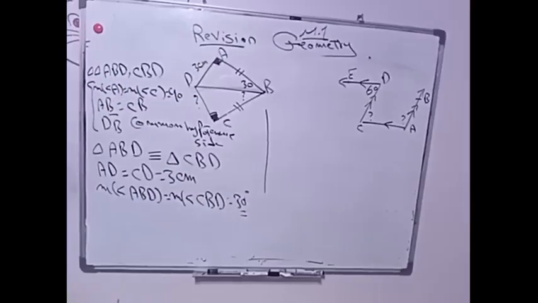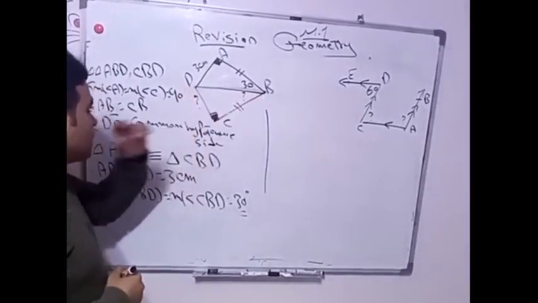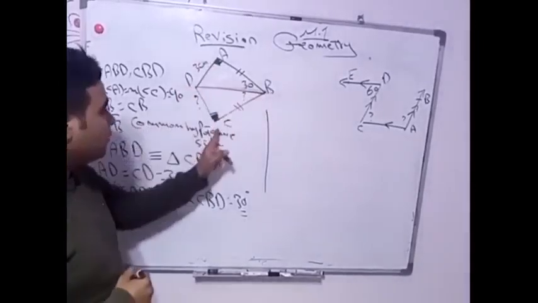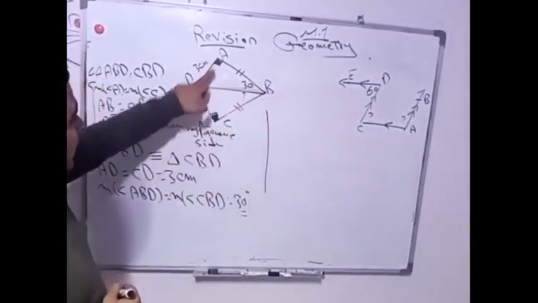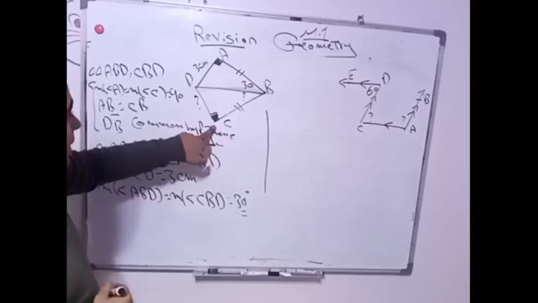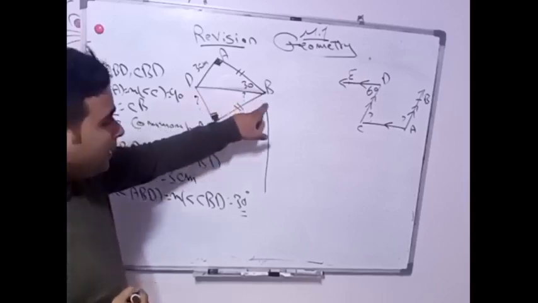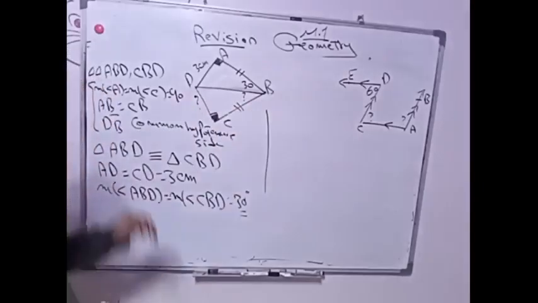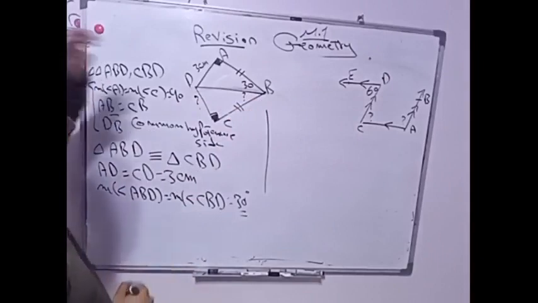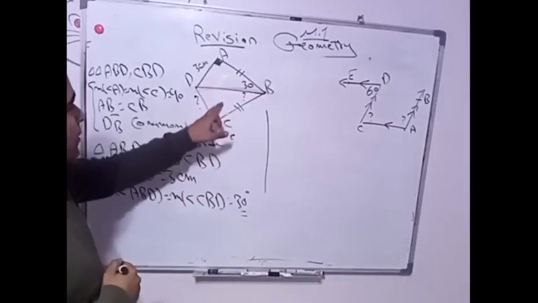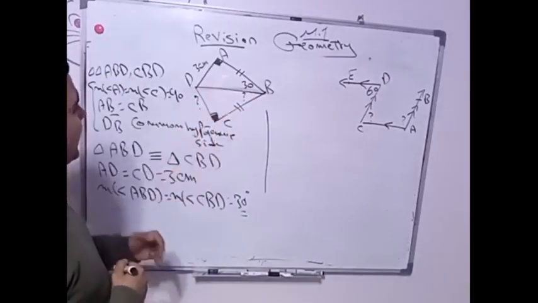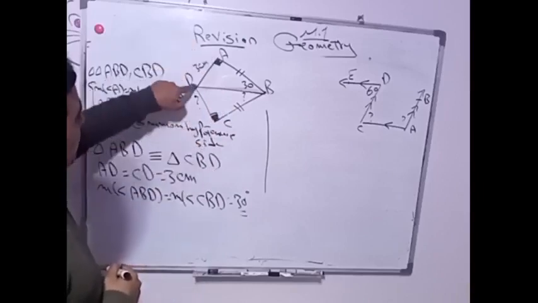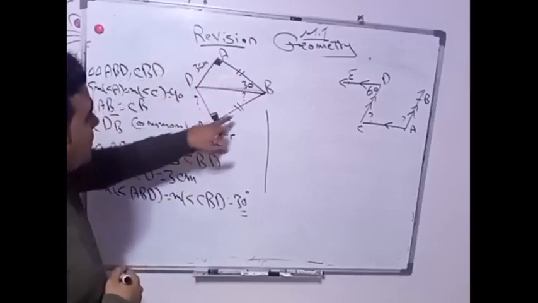So I have ABD and CBD. We have three conditions: AB equal CB, angle A equal angle C, right angle, and DB common side or common hypotenuse. So now we have a congruence between these two triangles. So we get AD equal CD and angle ABD equal angle CBD.